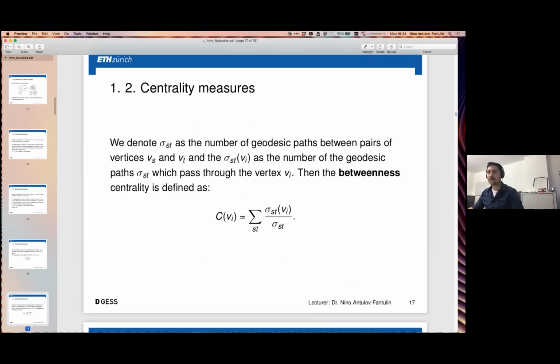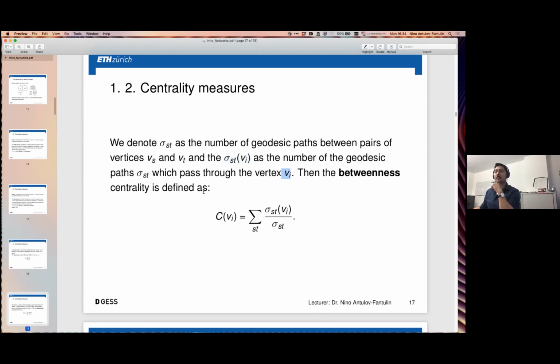There is also an important definition of betweenness, for which we have to jump to pairwise interactions. We say that sigma_st is the number of geodesic paths between the pair of vertices vs and vt, and then we count the number of geodesic paths that are passing through node vi.